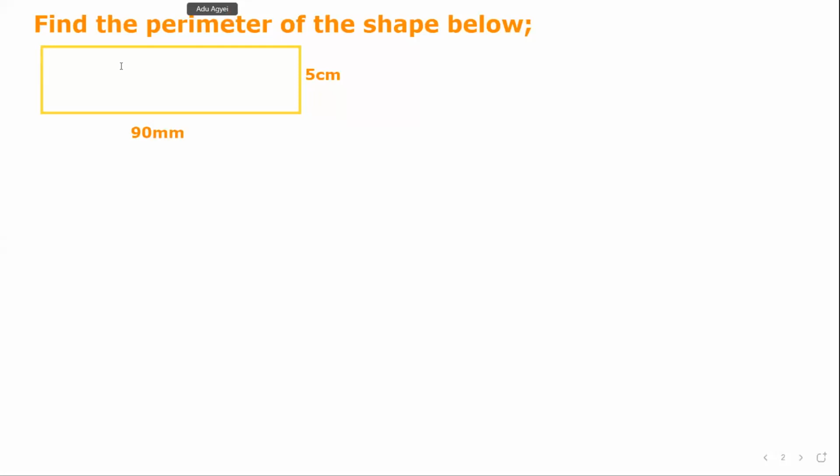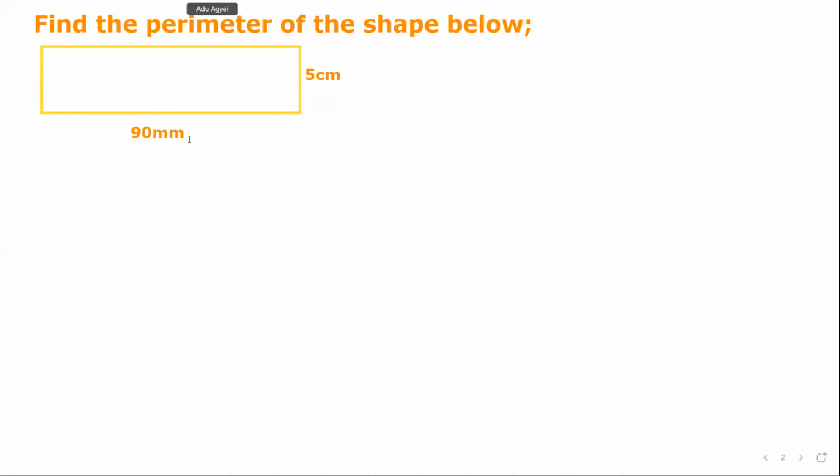And now for this one, find the perimeter of the shape below. Now looking at the shape here, we said the first thing you have to do is what? You check the measuring units. Now the length here is in millimeters, and the other line segment, which is the width or the breadth, is in centimeters.